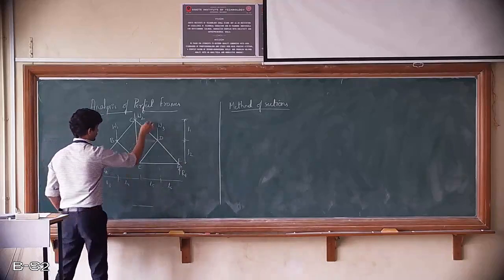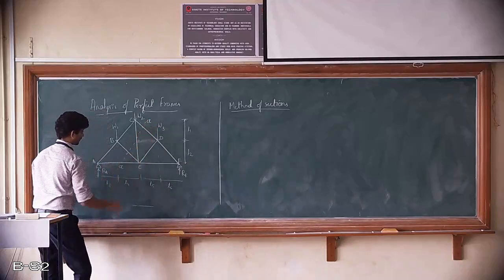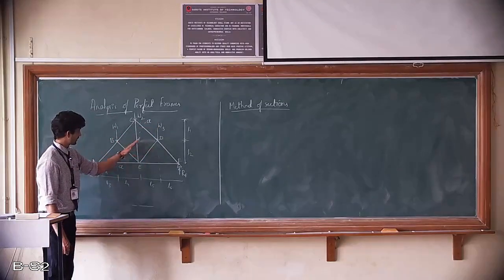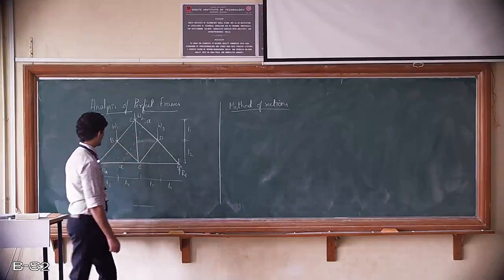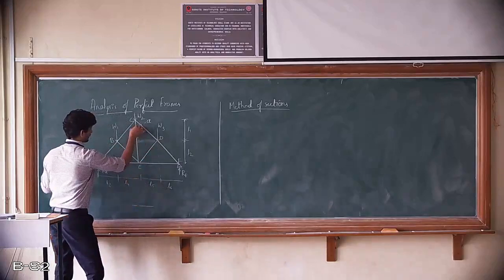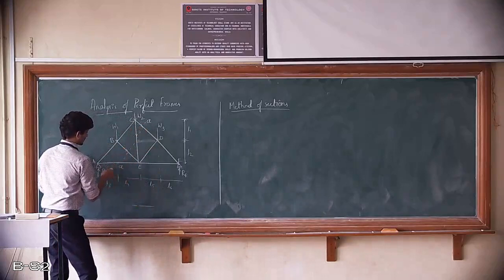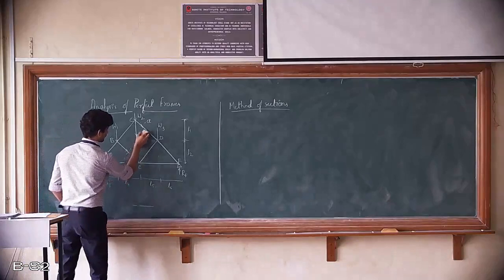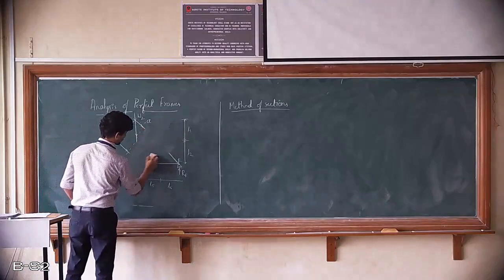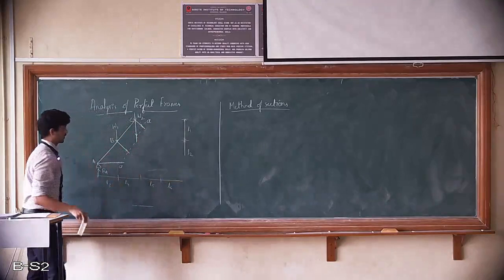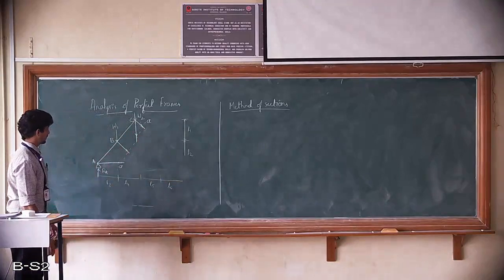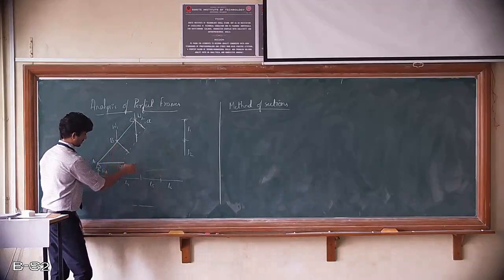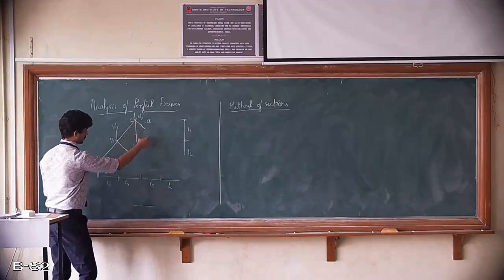If I consider a section here, AA, which is going to cut this particular structure into 2 halves, one is the right side part, another is the left side part, and if I redraw, then I'll get a structure having only this part, a structure like this.